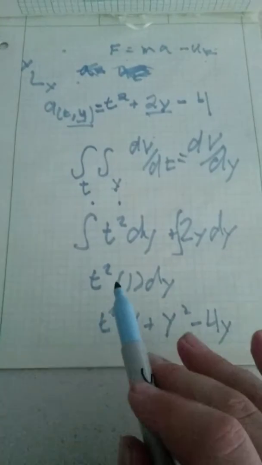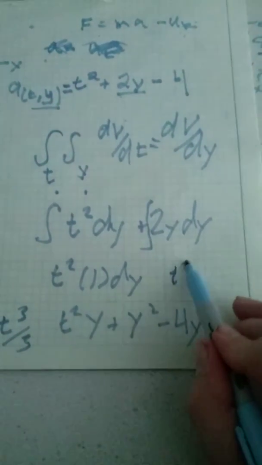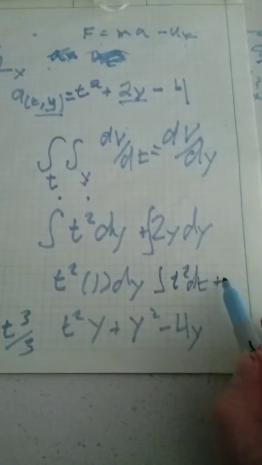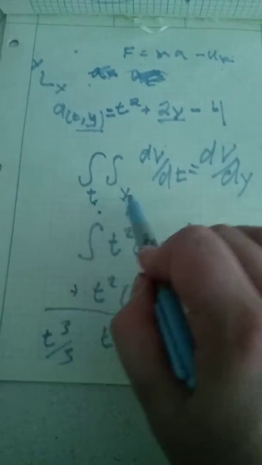And now we also have to integrate with respect to t. So t squared with respect to t, you're going to get t to the third over 3, because you're doing t squared dt, and then you're doing the 2y dt integral, and you're adding all of this together. So we're adding this vertically. So we're taking the integral with respect to t and y of all of this.